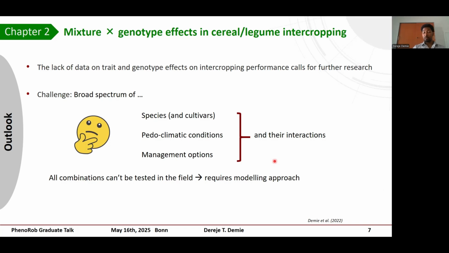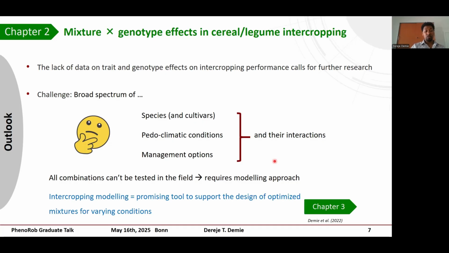It is difficult to test all of this and their interactions in field experiments. This requires a modeling approach. Therefore, intercropping modeling is a promising tool to support the design of optimized crop mixtures for various conditions, which takes me to the next chapter.